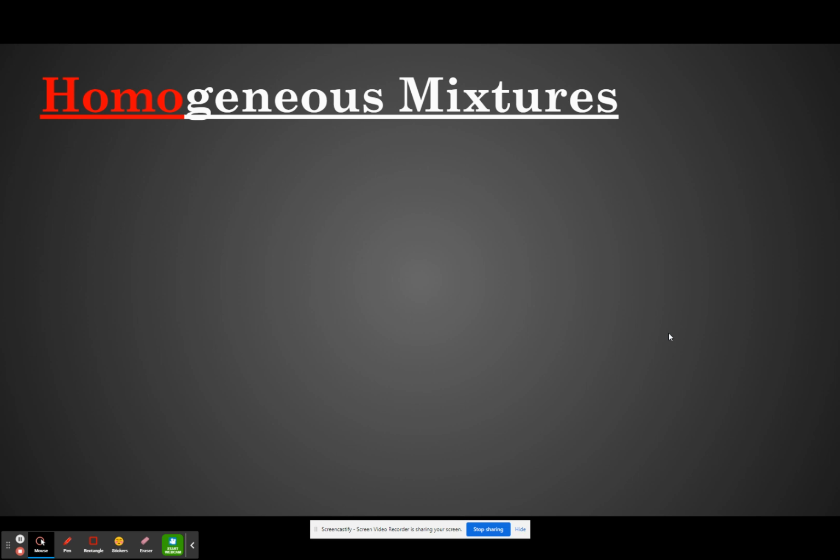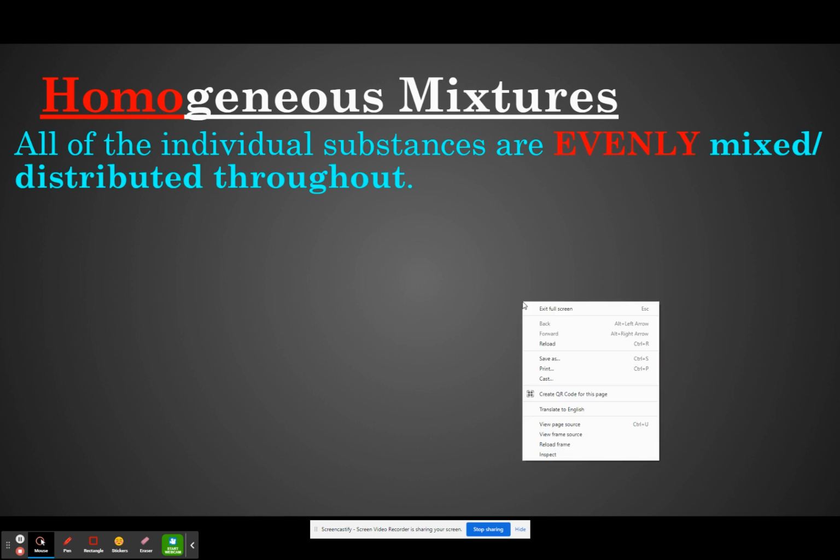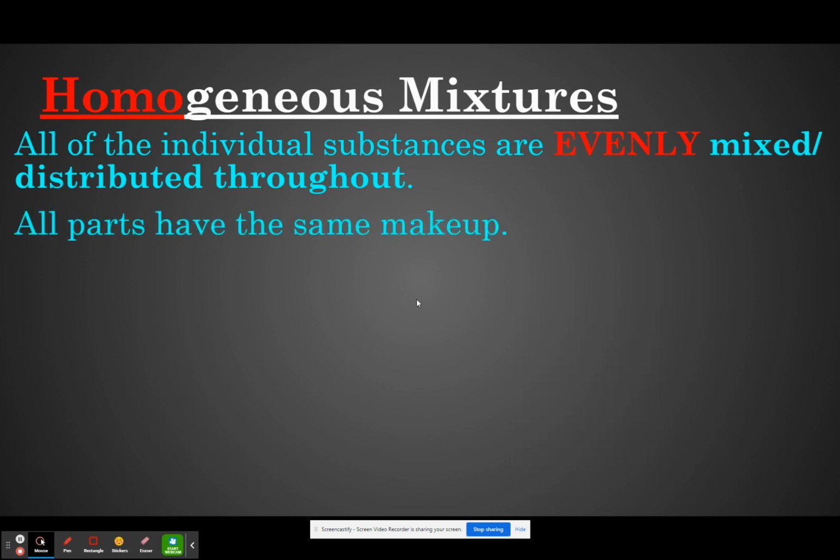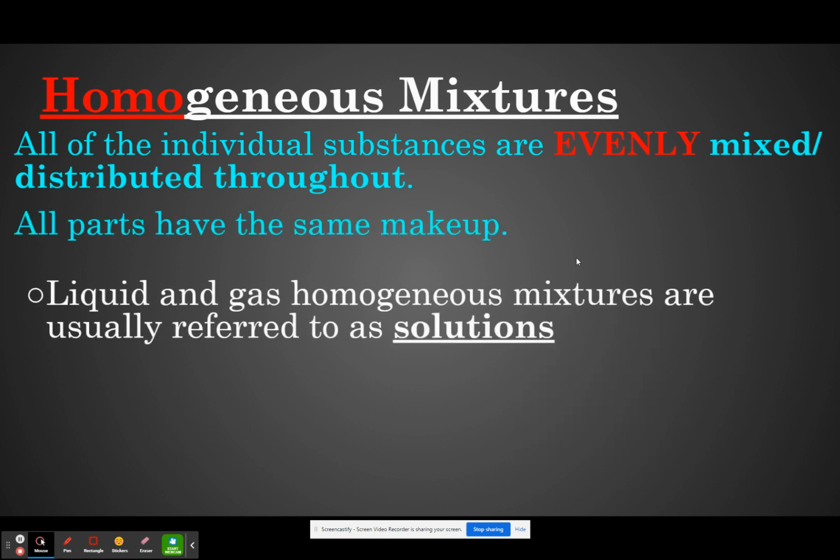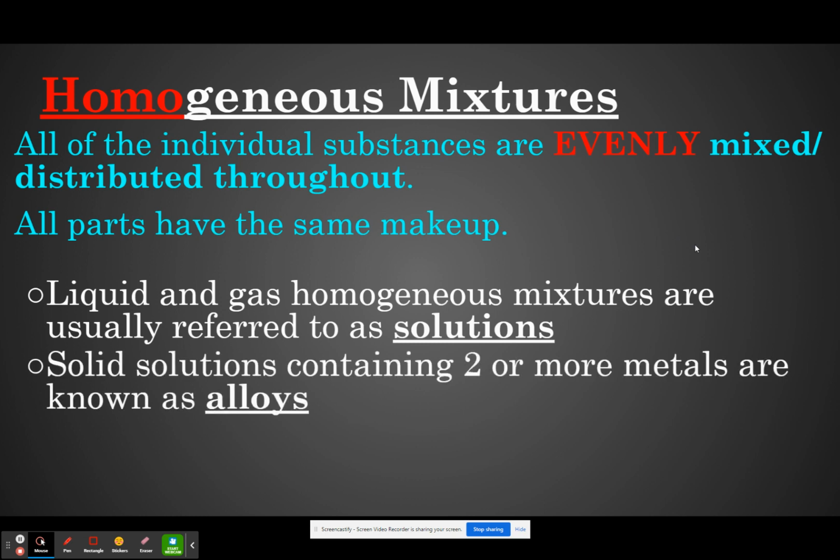Homogeneous mixtures are the same throughout. They're evenly mixed and distributed. All parts are going to have the same makeup no matter where you pick the parts. Liquid and gas are usually called solutions because they have some flow. So the atoms flow together in a nice even mixture.